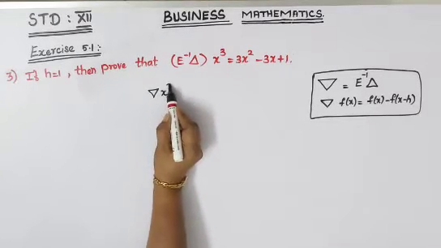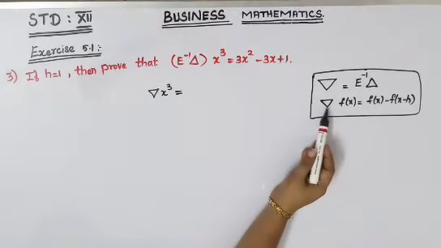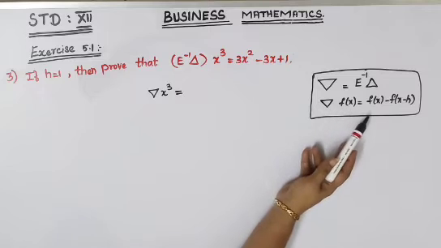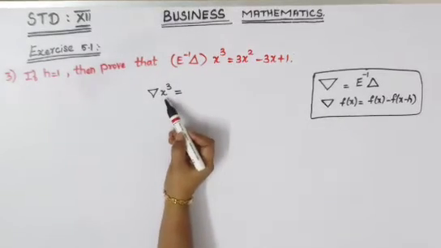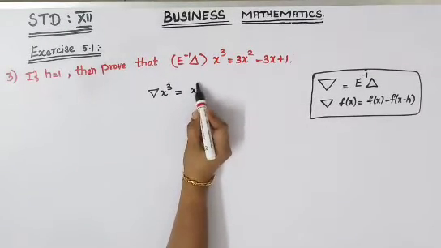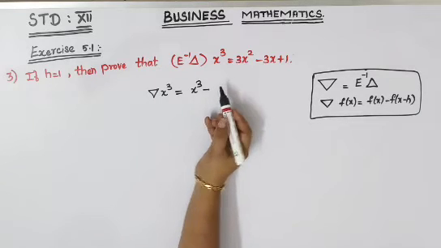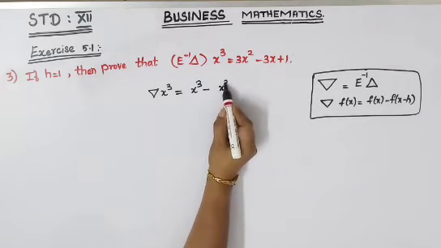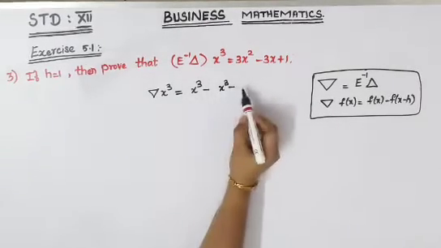x cube is equal to, now using this formula, nabla f of x is equal to f of x minus f of x minus h. So in the place of f of x we have x cube. So x cube minus f of x minus h. You can write it as x cube minus, instead of h we have 1 over here, so we can put 1.